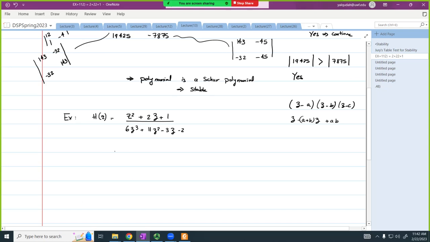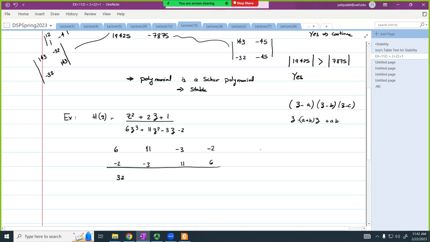Okay, so doing something similar, the Jury's test: 6, 11, -3, -2, then -2, -3, 11, and 6. We're going to calculate 6 times 6 minus 4, which is 32.